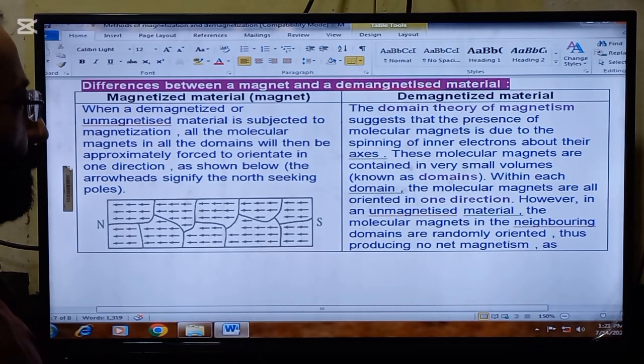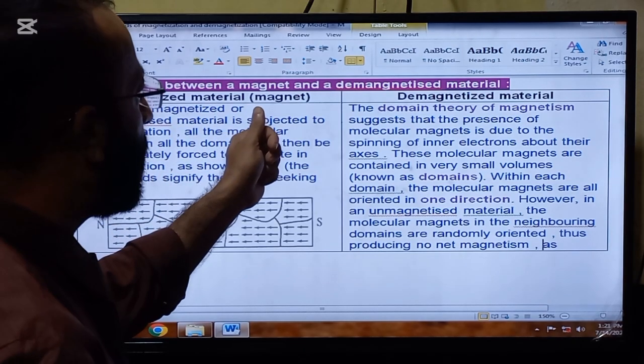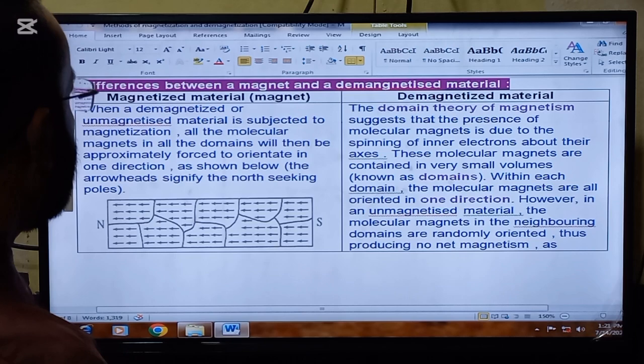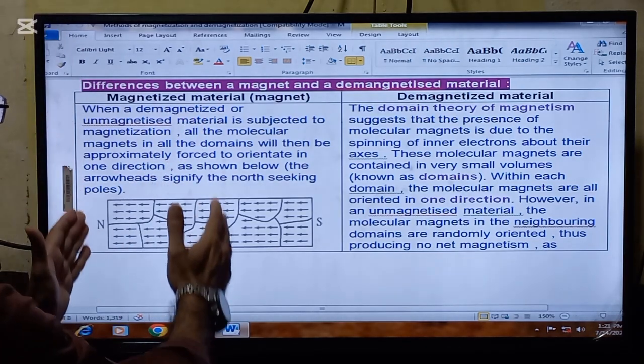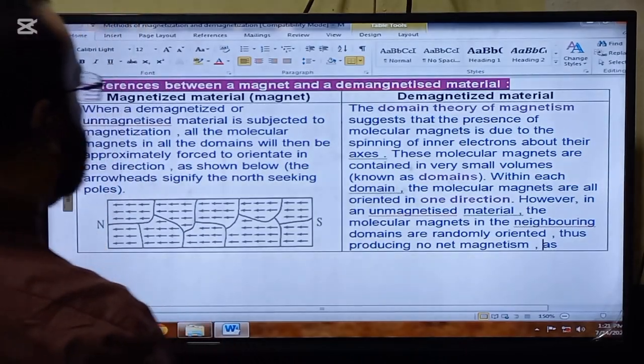Here is another very important topic that frequently comes in the paper. That is the difference between magnetized material and demagnetized material. So concentrate yourself. On the left hand side, magnetized, on the right hand side, demagnetized material.